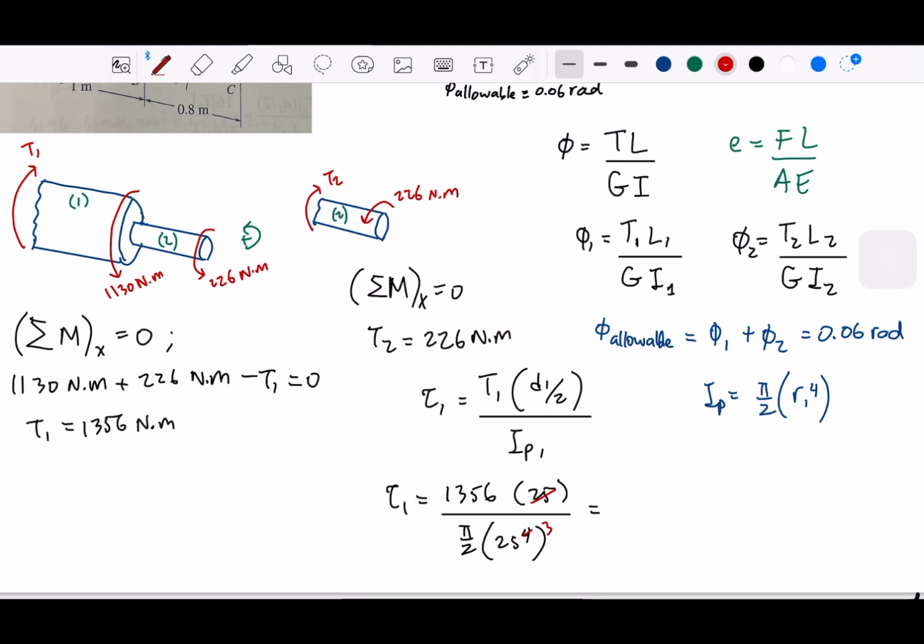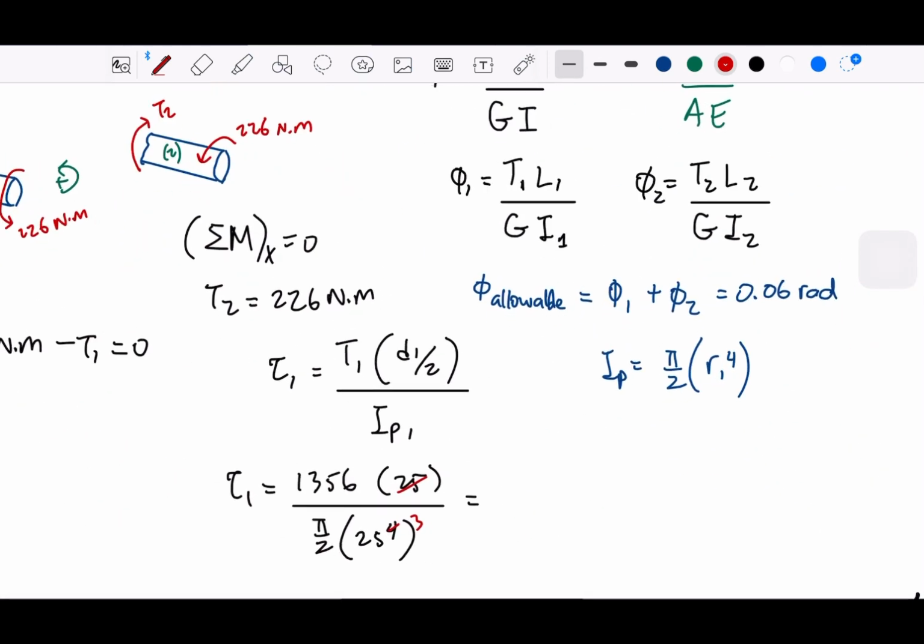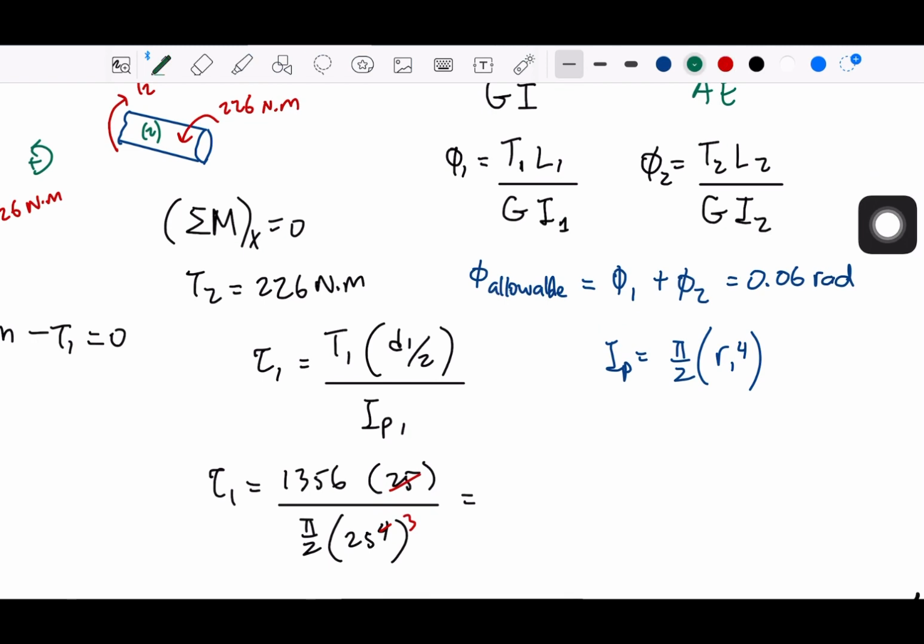This is, let me check, this is millimeter. This is Newton meter. This is millimeter cube. This is millimeter. Okay, check 16.